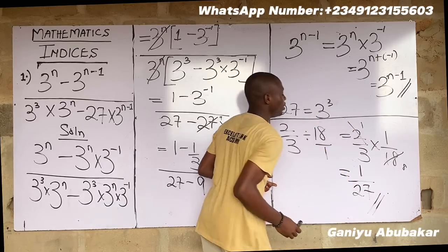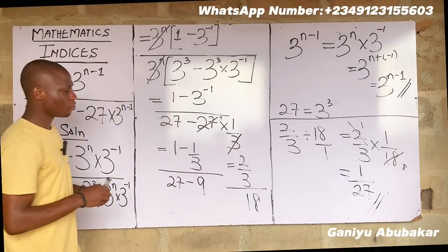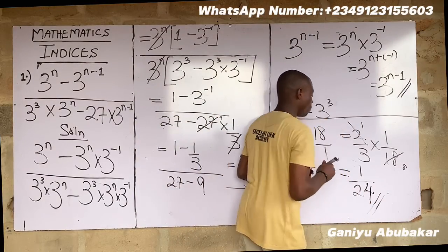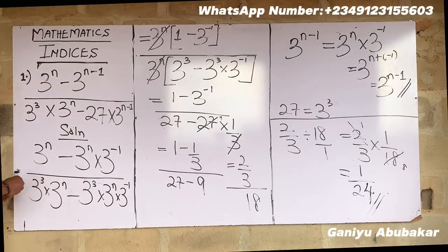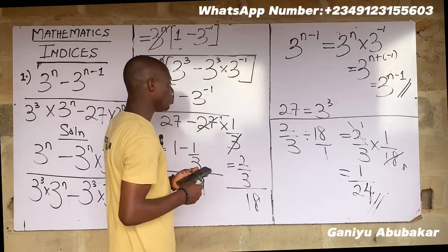So I have this as my answer. As you can see, so 24, sorry, 24, please. So that becomes how to solve this particular problem using the idea of indices. That's your answer.